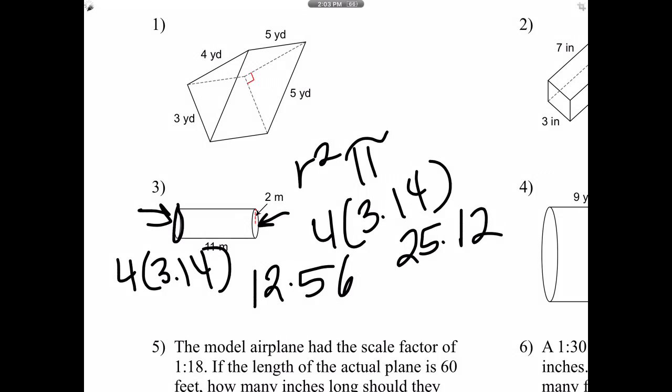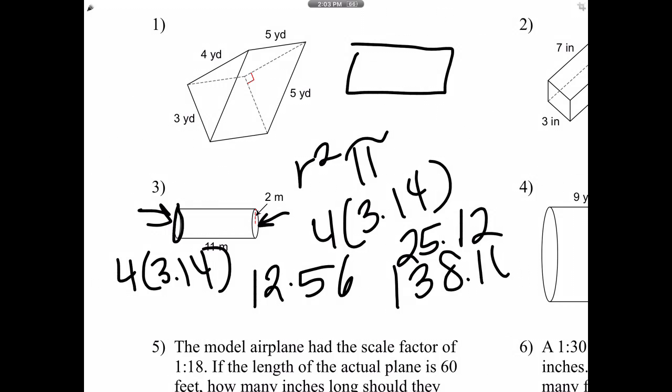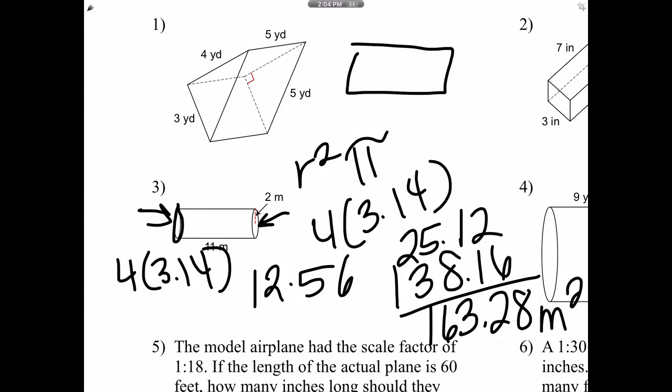And then we're going to multiply that times the length, because if we unrolled it, it would look like a rectangle. 11. And actually, it is the same answer as the volume, but now we're going to add also the areas for the top and bottom circles. So plus 25.12, 163.28 square meters. That is the surface area.